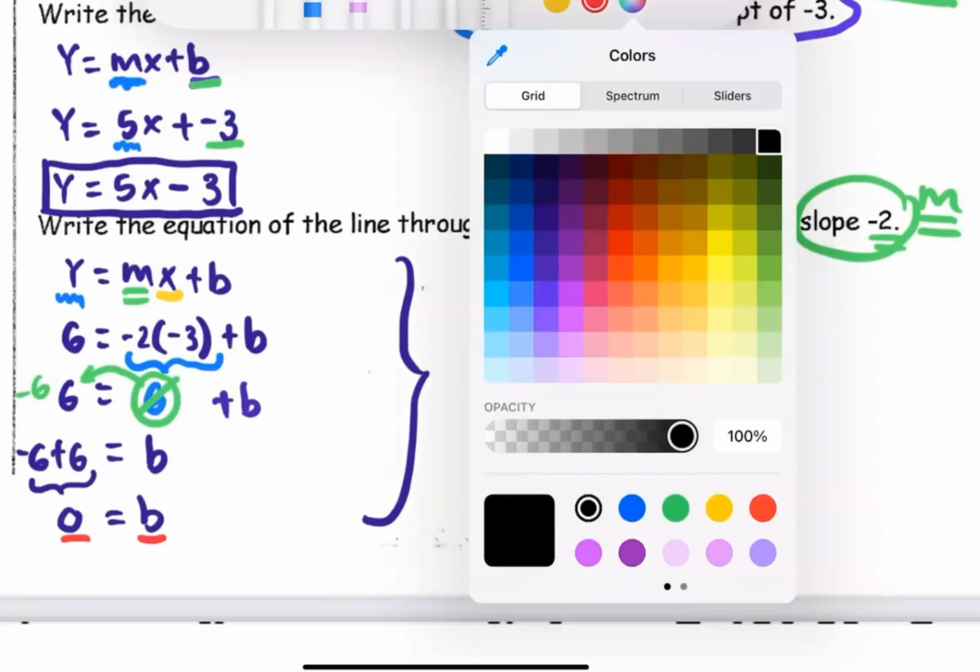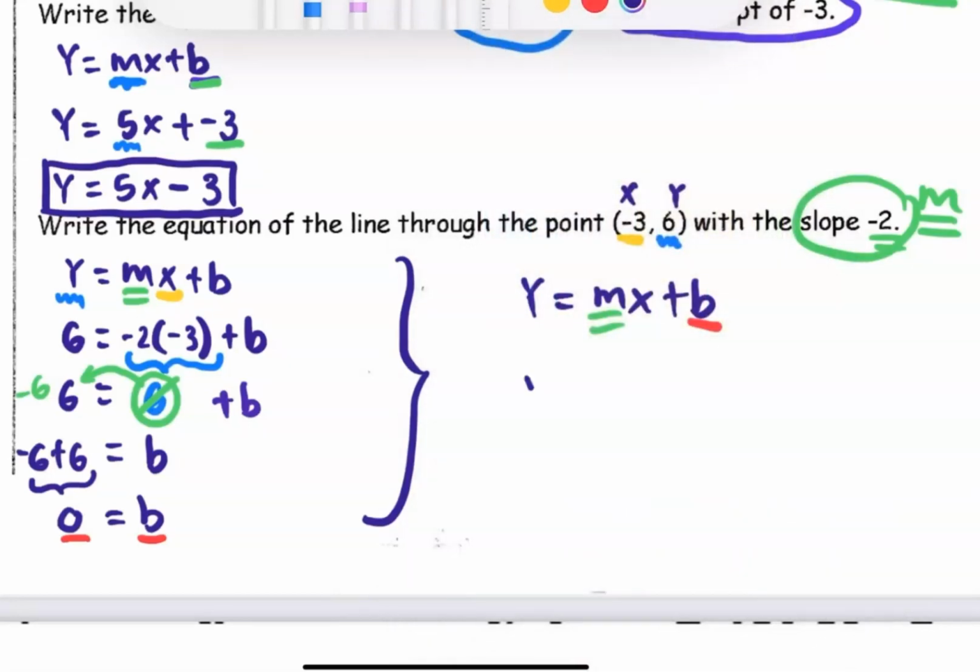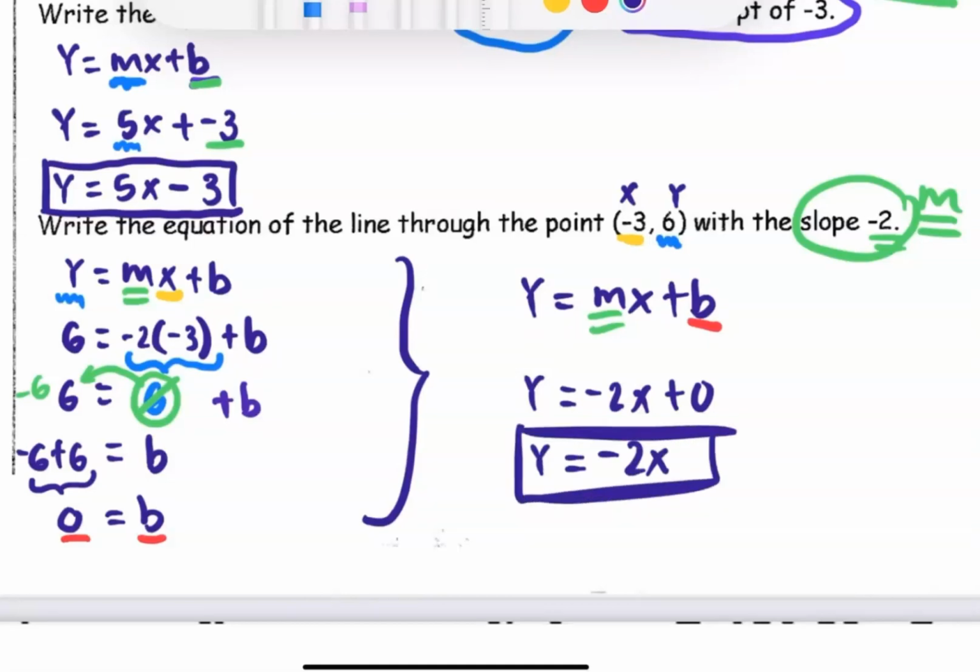We need to plug in the stuff for our equations. So y is equal, instead of saying m, I'm going to say -2. X stays the same, plus b. Remember, instead of saying b, you're going to say 0. And last but not least, I'm going to rewrite my equation, which is here, and this is my answer.